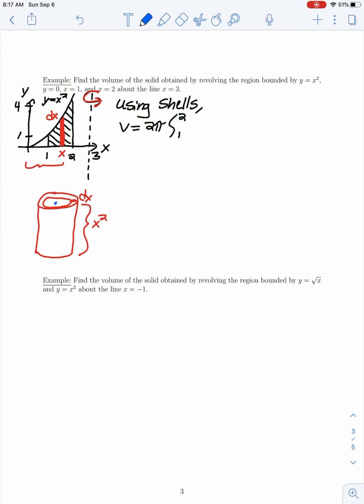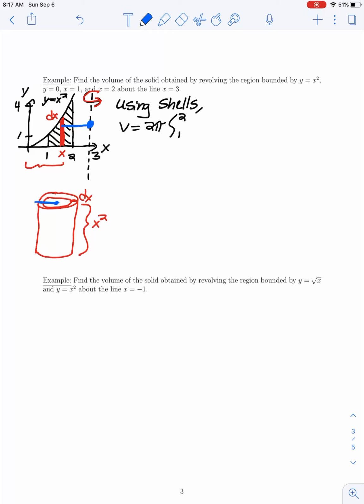So the radius is going to be the distance from the center of our cylinder to the outer edge. So if we're revolving about the line x equals 3, the center of our cylinder is going to be a point on that line. Now the question is, what is the distance from that center, or our axis of revolution, to this outer edge?